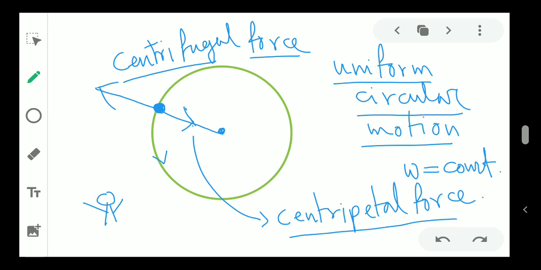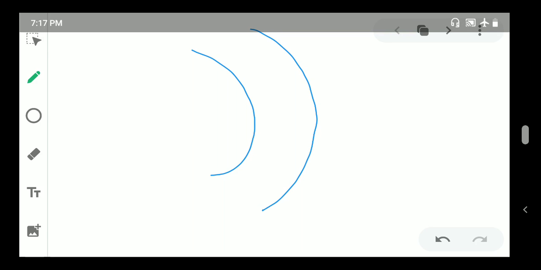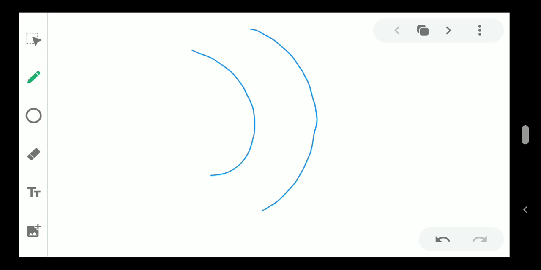But who can feel the centrifugal force? Only the one who is rotating himself. So the particle can feel this. Even you can feel this when you travel in a bus and it suddenly takes a turn, and you feel that your body is going outward, so you get pushed against the window suddenly, right?